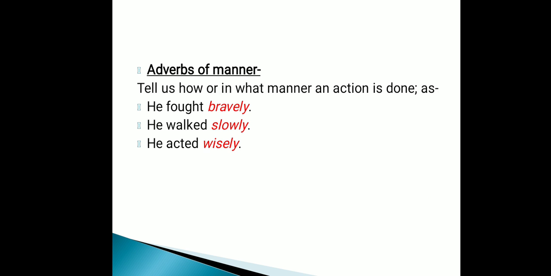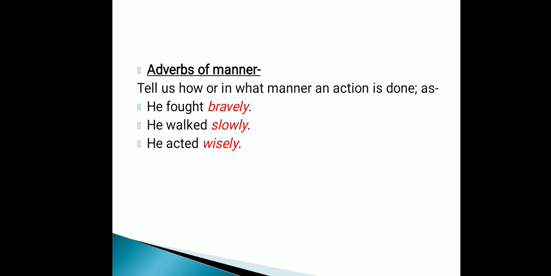First kind of adverb is adverbs of manner. Adverbs of manner tell us how or in what manner an action is done.